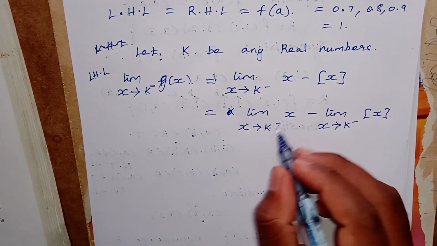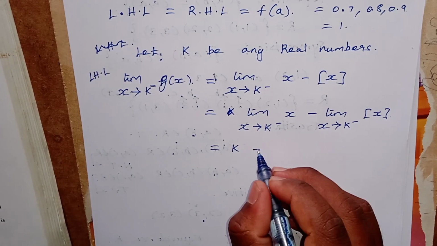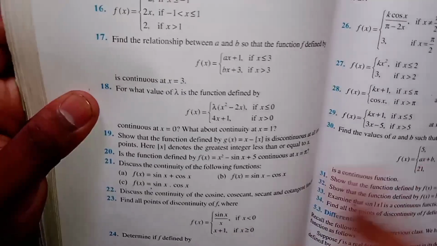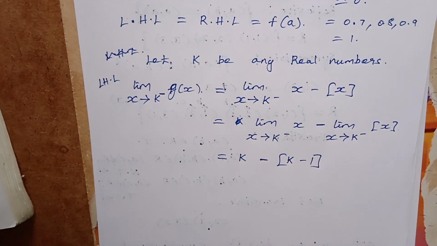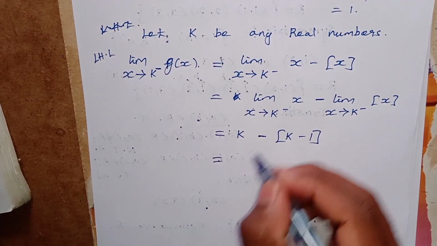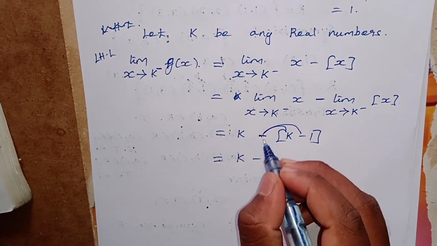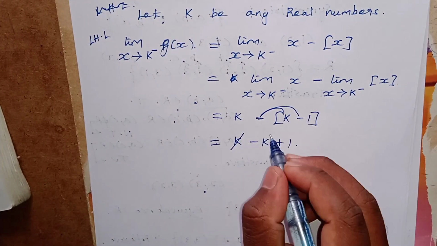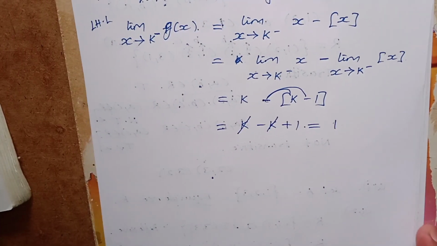Now apply the limit: k minus, for the greatest integer less than or equal to x, we have to take k minus 1. So minus k plus, minus into minus is plus, so minus k and plus k cancel each other, therefore 1 is my left hand limit.